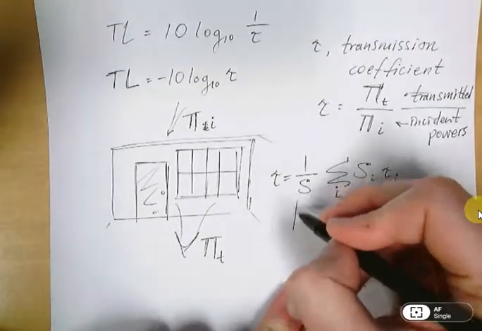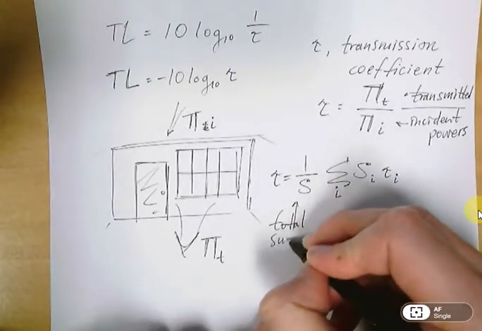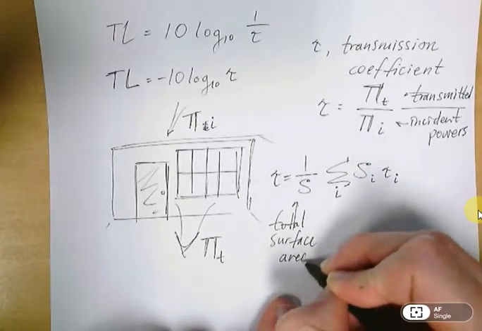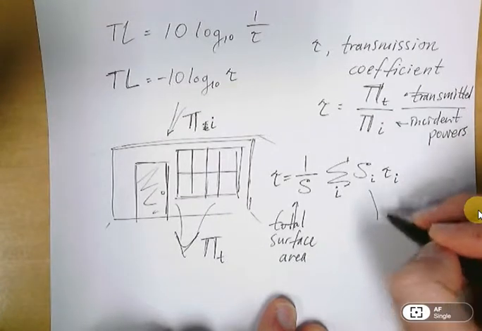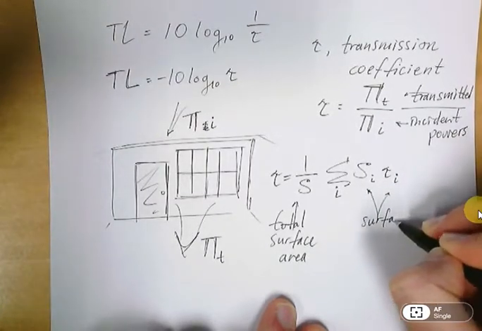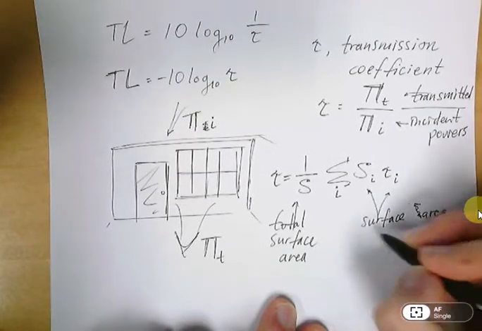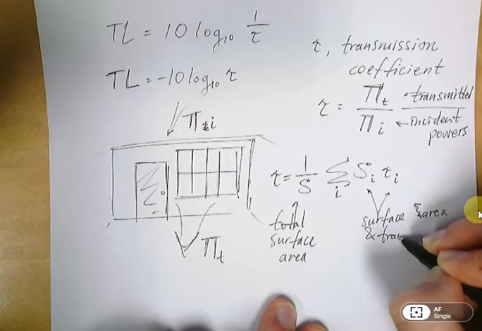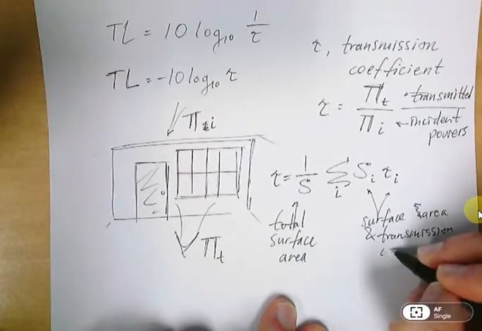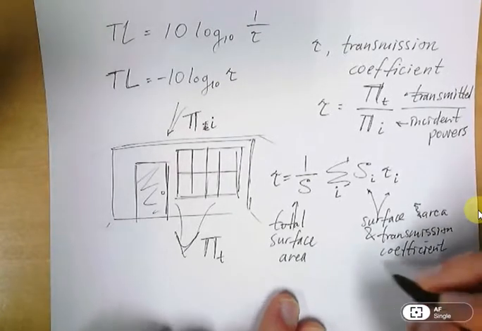So this is the total surface area, and this is the surface area and transmission coefficient of the ith area.